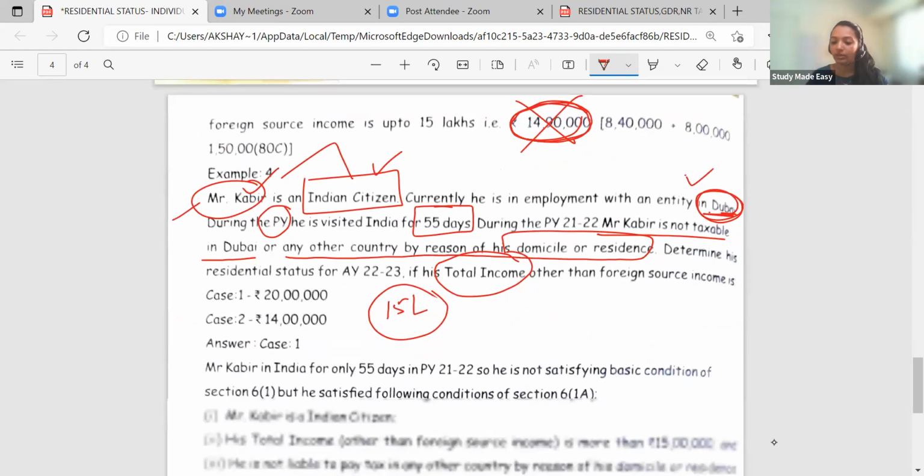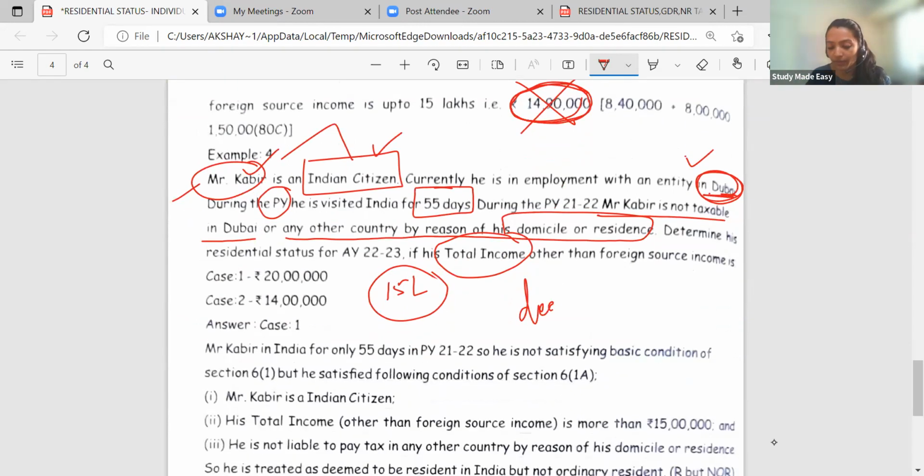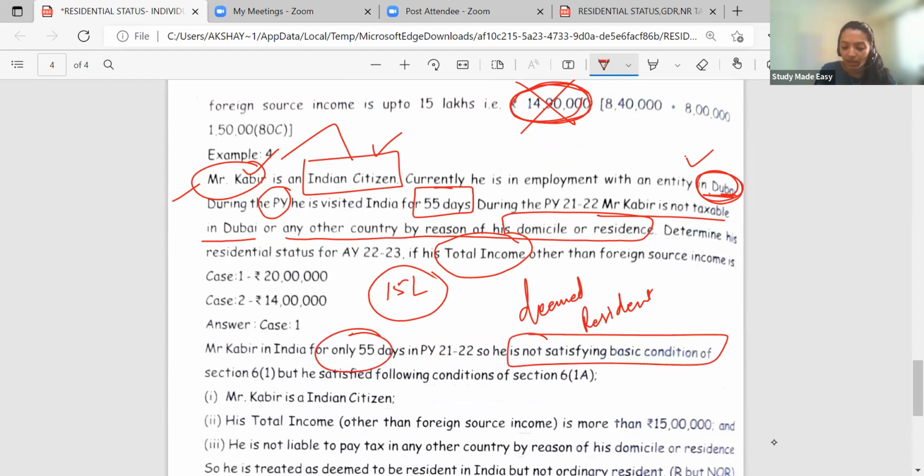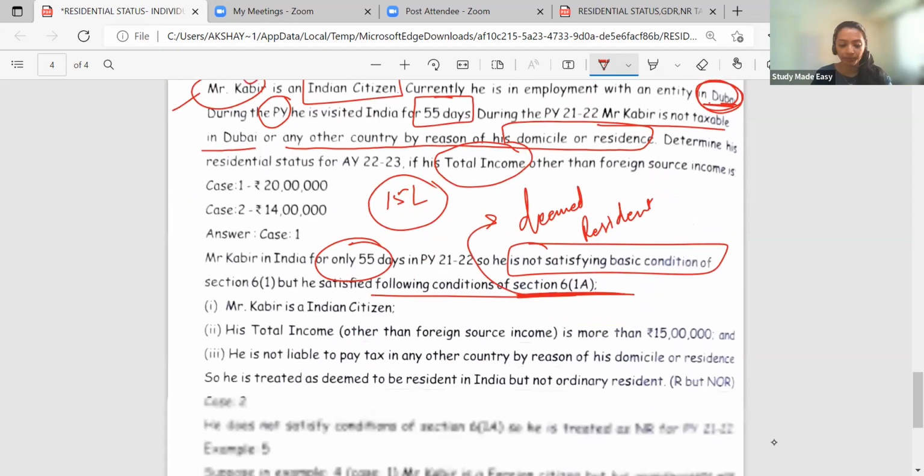Then only I will consider you as a deemed resident. So with only 55 days, not satisfying any basic condition, here the concept of 6(1)(a) will apply. 6(1)(a) is nothing but the deemed resident concept.